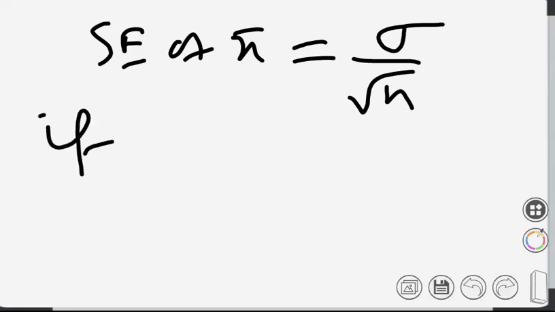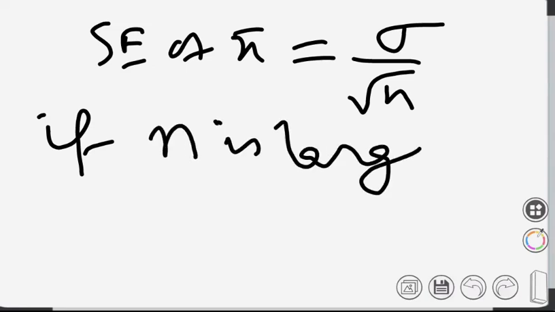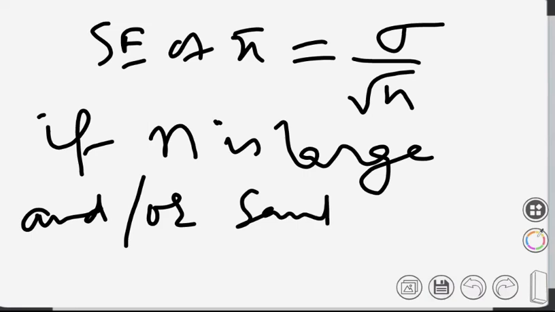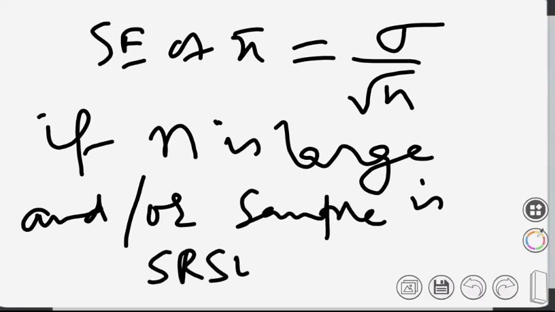Please write, I hope you are writing: if n is large, and the sample is SRSWOR, the standard error of x bar is defined as sigma by root n.